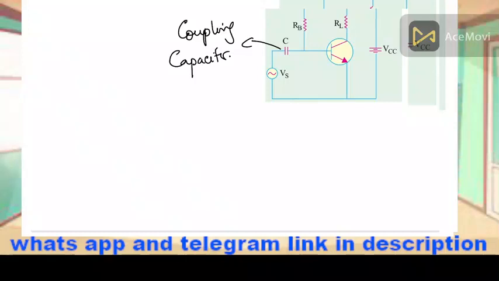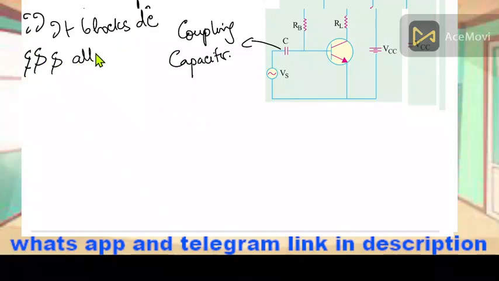And this capacitance is of sufficiently large value. It blocks DC and allows AC. If you are connecting this coupling capacitor, the DC biasing will not be disturbed. This is the purpose of using the coupling capacitor.